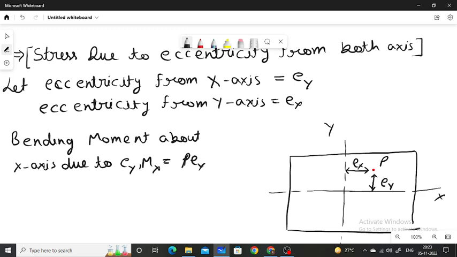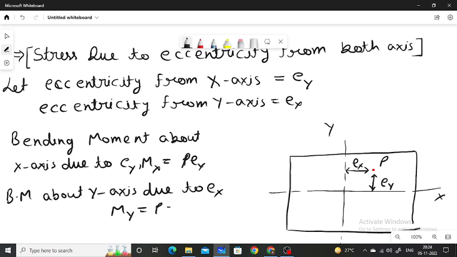Okay, and the bending moment about the y-axis due to eccentricity Ex will be P into Ex.